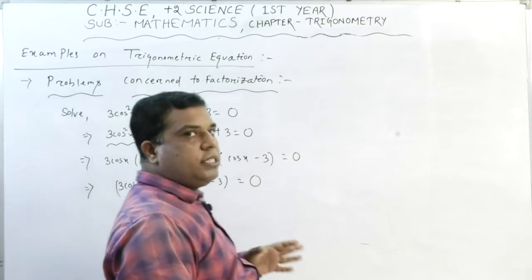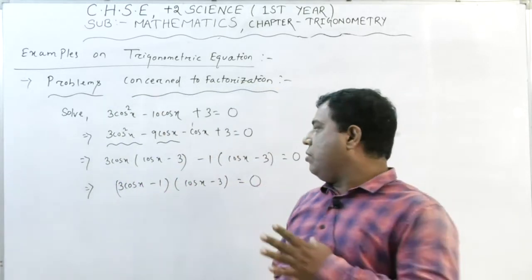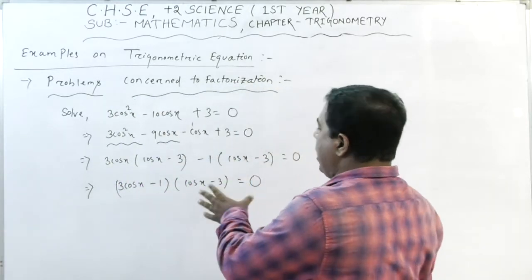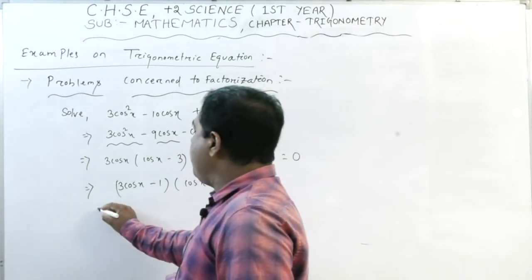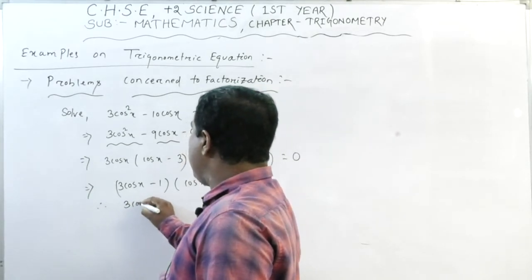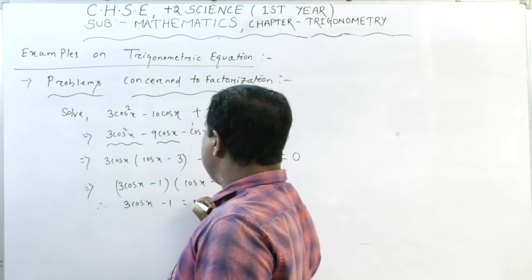One factor is cos x minus 3 and another is 3 cos x minus 1. So either 3 cos x minus 1 equals 0.